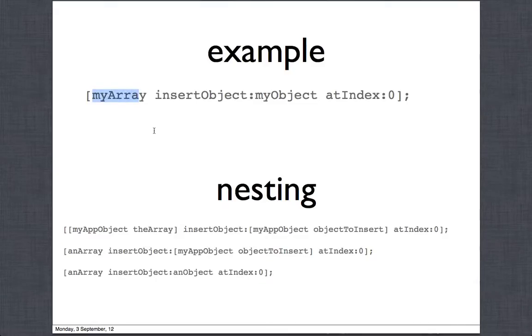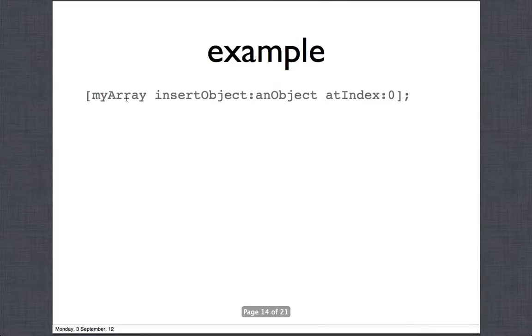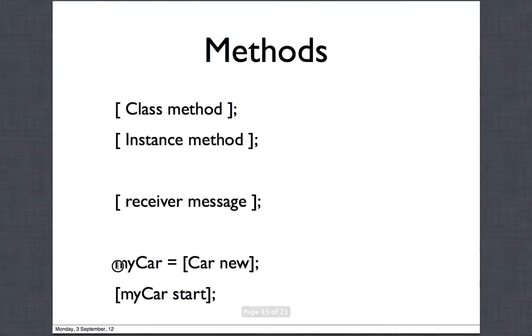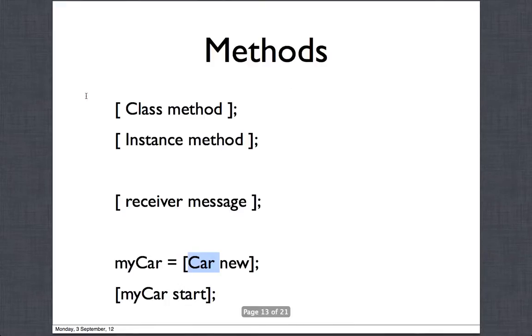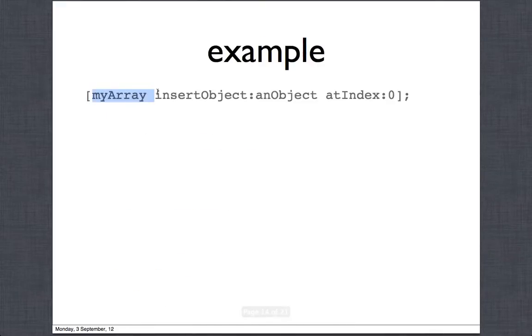So we needed to create it. A few lines before, we would have created this array: myArray equals Array new, and we will create a new array. We can nest it. We can put this creation of an array right there.